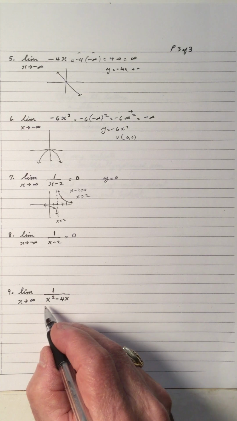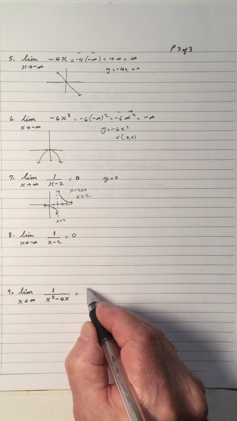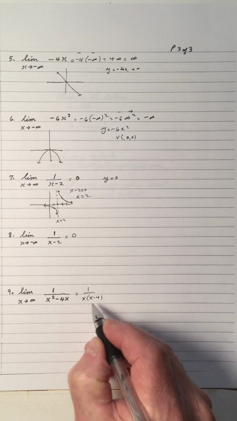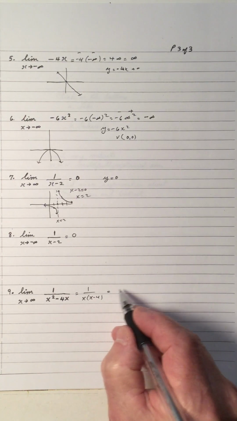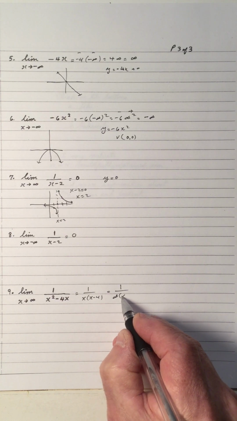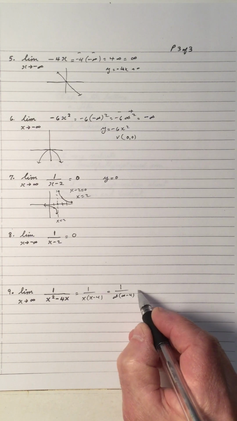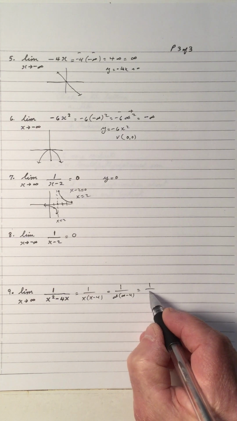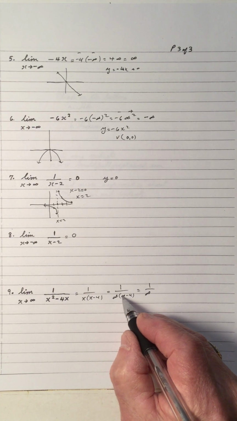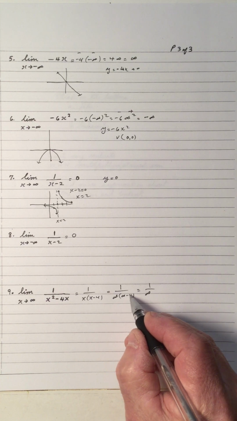So 1 over this large number approaches 0. And the last one, we have 1 over x times x minus 4. We're approaching infinity, so it's 1 over infinity times infinity minus 4. Infinity minus 4 is still approaching infinity.